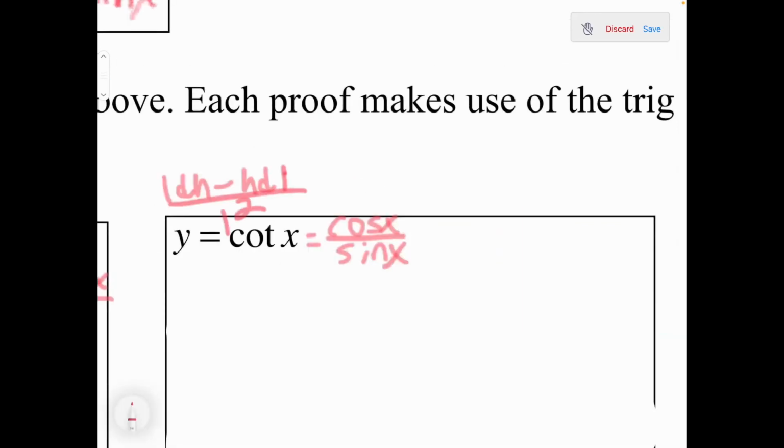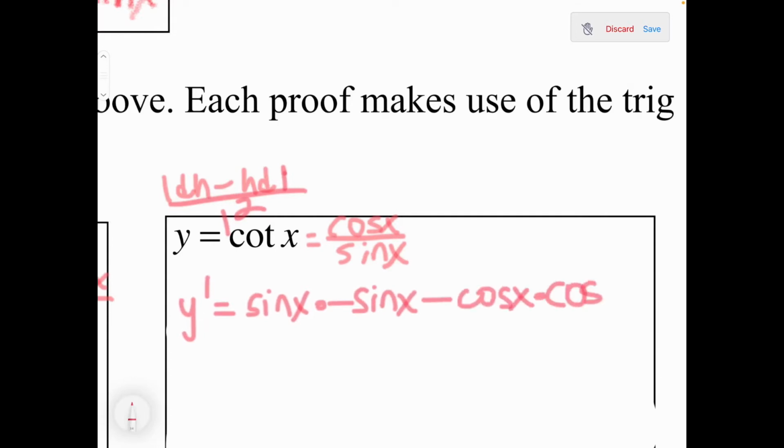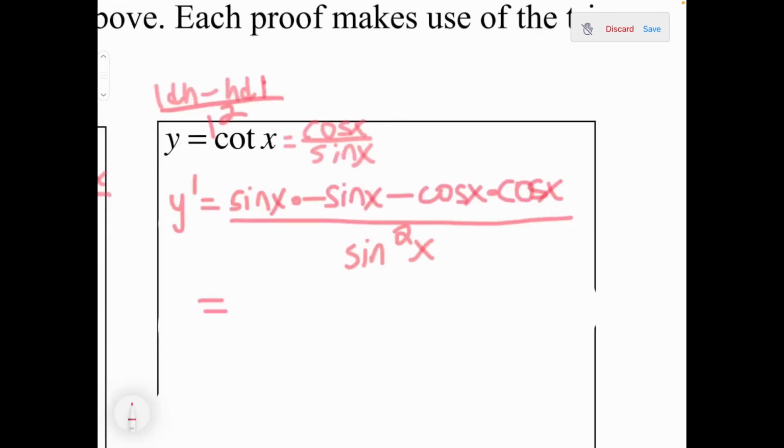So y prime would be equal to the denominator, sine x, times the derivative of cosine x, which is negative sine x, minus cosine x times the derivative of sine x, which is also cosine x, all over the denominator, which is sine squared x. Sine times negative sine is negative sine squared.